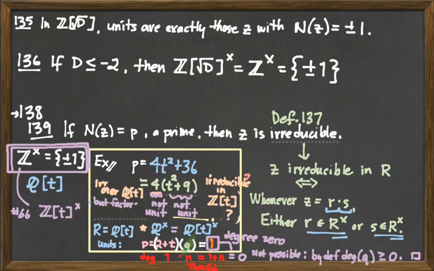So here's an example of something that factors over Z adjoin t in a non-trivial way, but it doesn't factor over Q adjoin t in a non-trivial way. It factors in the same way in both places. But in one sense, it's trivial, because 4 was a unit in the rationals. And in another sense, it's non-trivial, because 4 is not a unit in the integers.